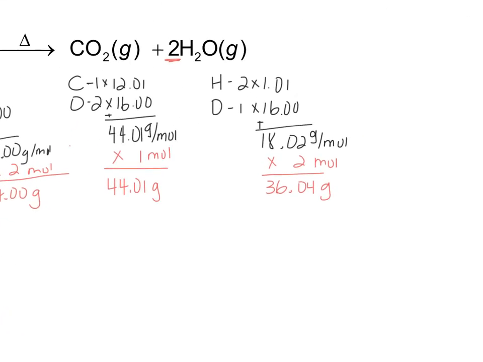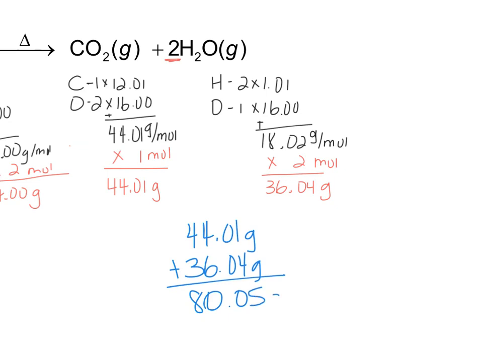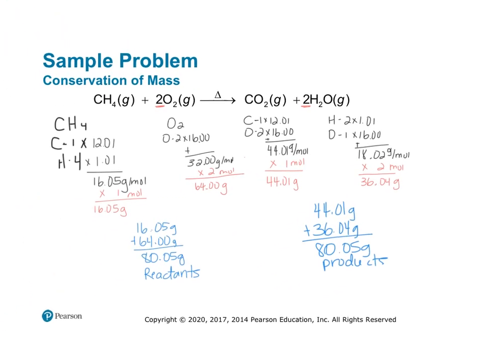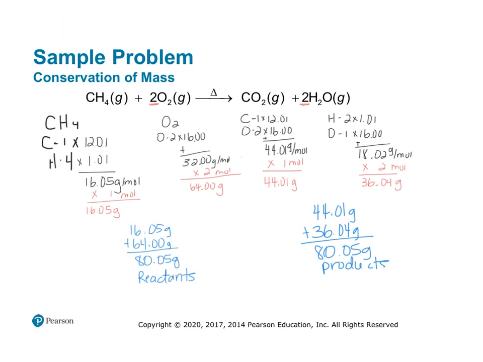And then I come over here on my products, 44.01 grams and 36.04 grams. Add those up, and I get 80.05 grams for my products. So as we can see here, the mass of the reactants, 80.05 grams, mass of the products, 80.05 grams, those are equal.